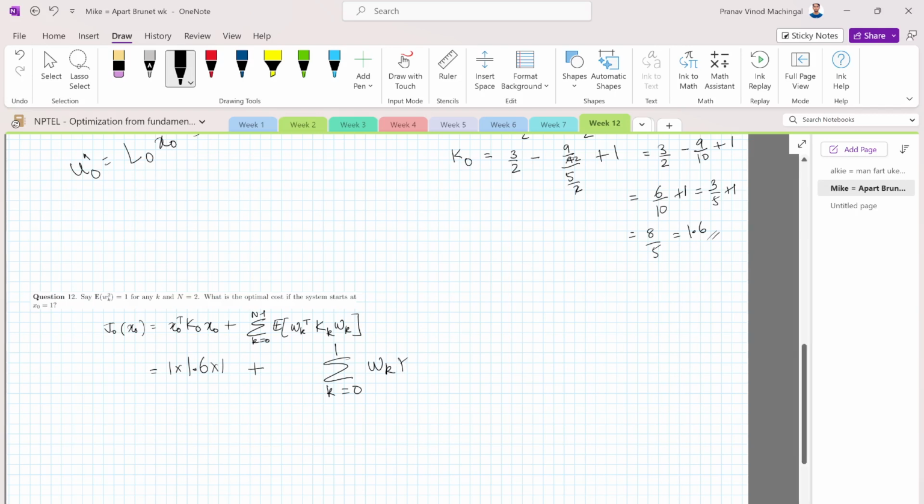This wk, you can write it like this. So it is 1.6 plus, expectation is also there here. So this K you can take out.